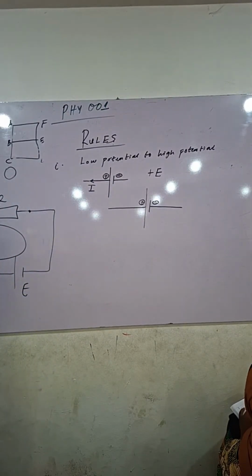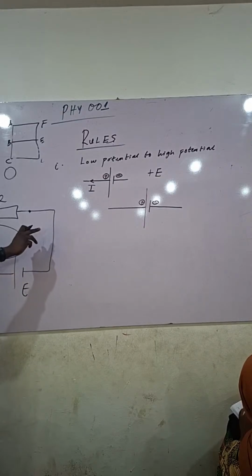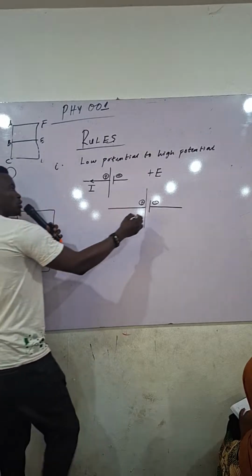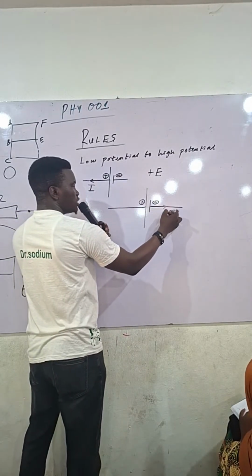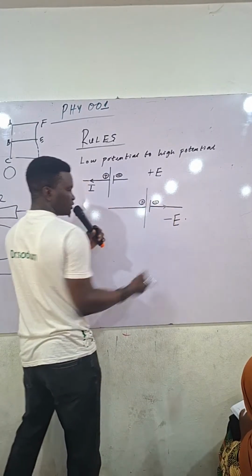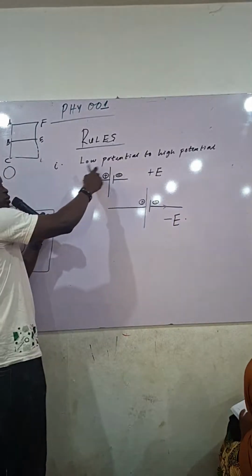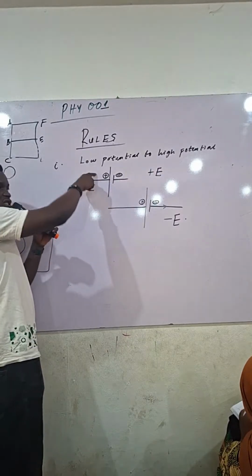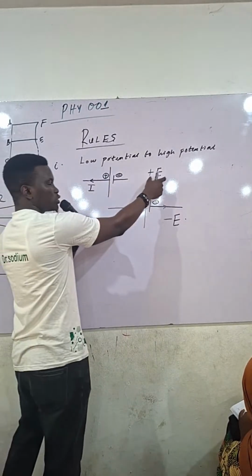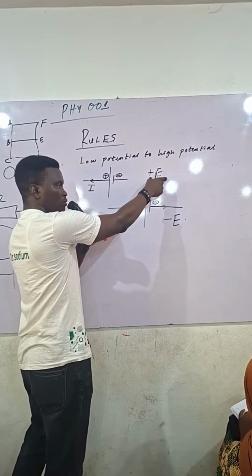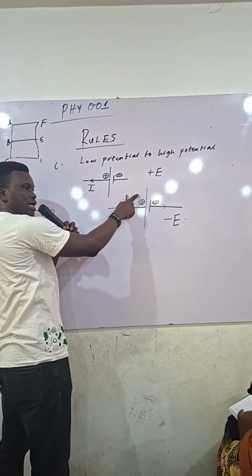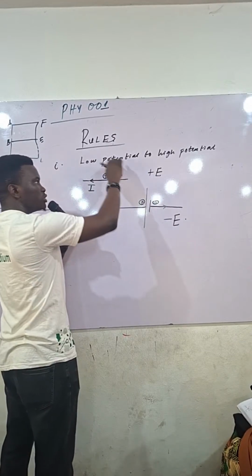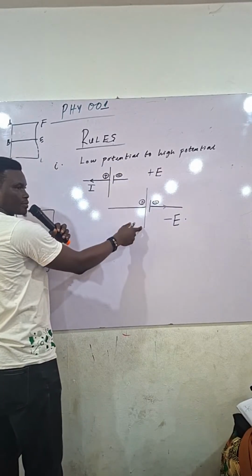My assumption is that my current is going this way. So, current moving this way, your E will be given negative. So when you're moving from low potential, that's the minus side, to high potential, positive side, you use plus. But when you are moving from high potential to low potential, then you use minus. Just note this.